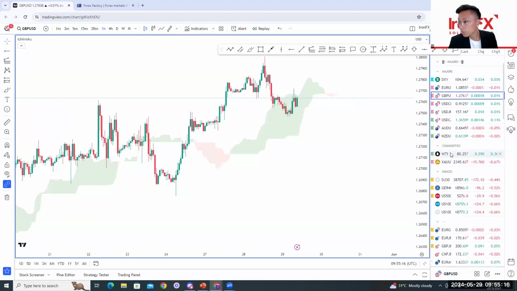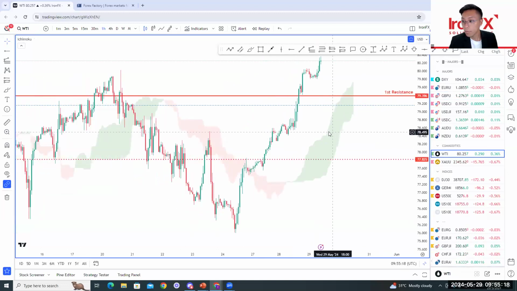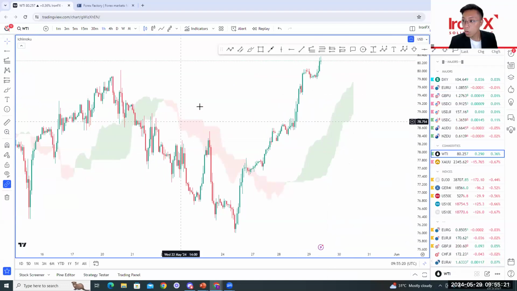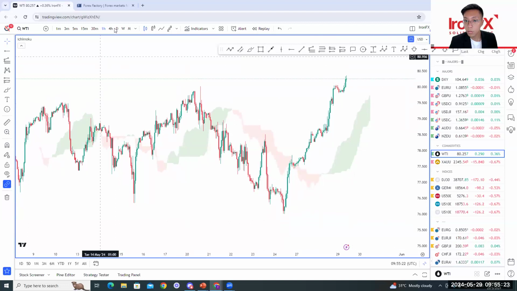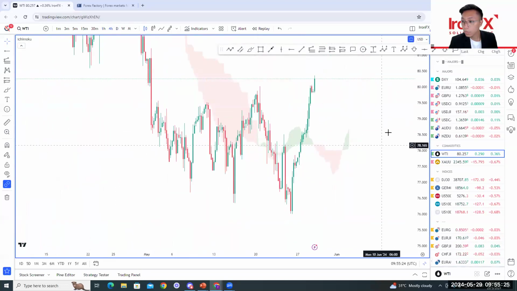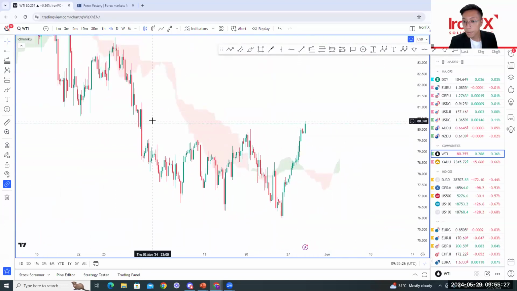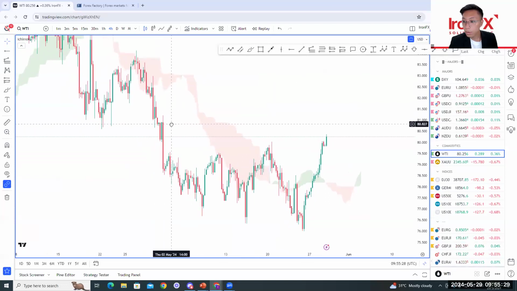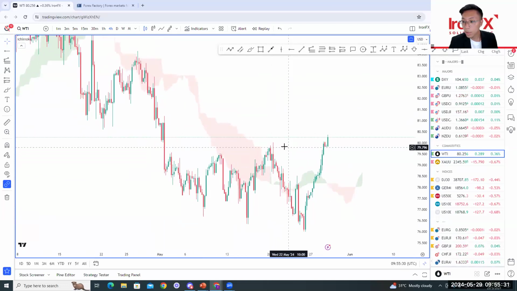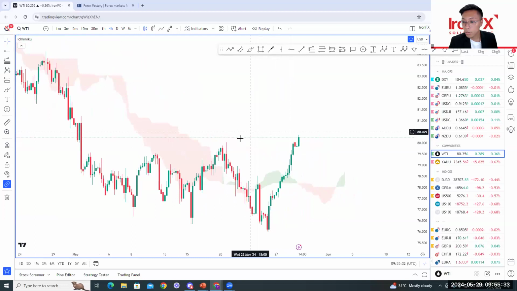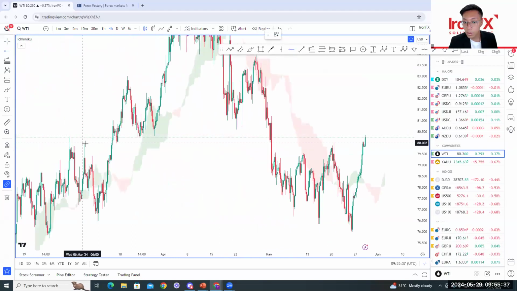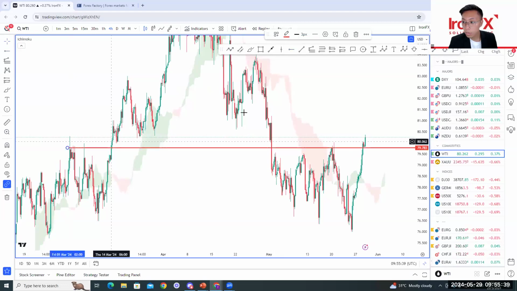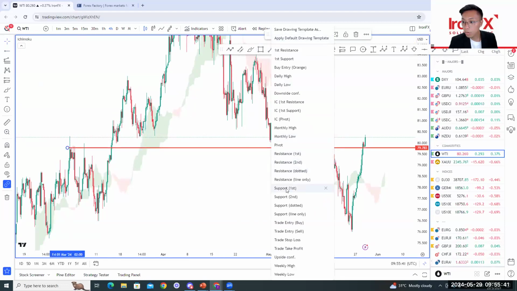All right, so let's take a look at oil. Okay, let me see. Oh, oil's price is pretty high. Oh, okay, nice. Okay, broke this high, so we are in an uptrend right now. Okay, so this could be my level of support.